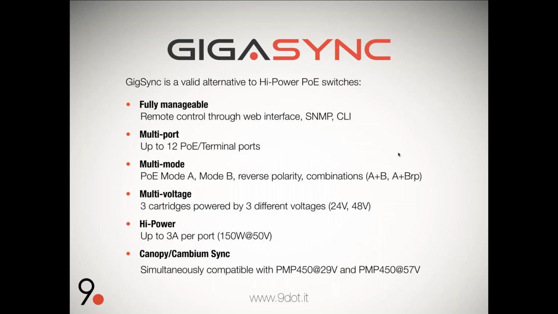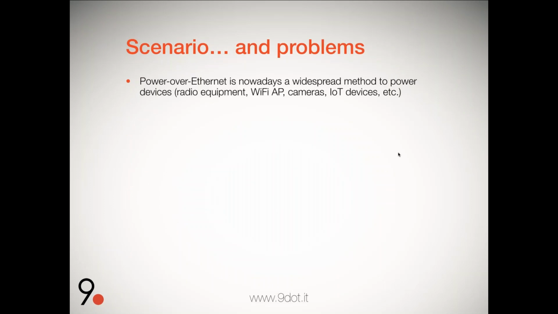It's very high power, and also supports both Cambium synchronization methods, meaning canopy sync and Cambium sync. Maybe you know the Cambium PMP 450, the one that works at 29 volts, uses canopy sync, and Medusa, for example, at 57 volts uses the Cambium sync. It's a different method of synchronization of the wireless devices.